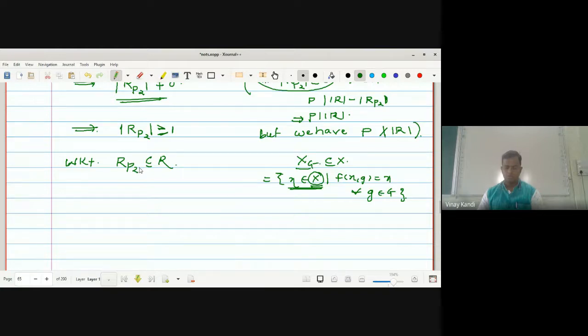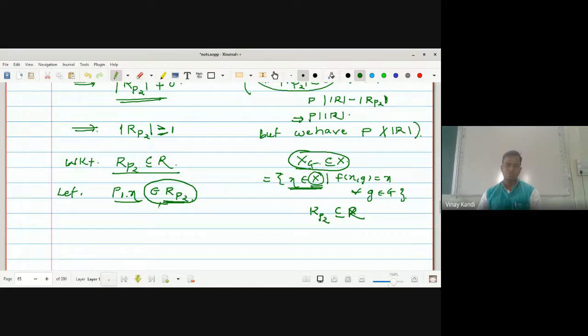Now by the definition of R^p2, look here. Let's take any element belonging to R^p2. It is of the form p1 x. This is the element belonging to R^p2. x^G is a subset of x, so R^p2 is a subset of R. So any element belonging to R^p2 is of this form.